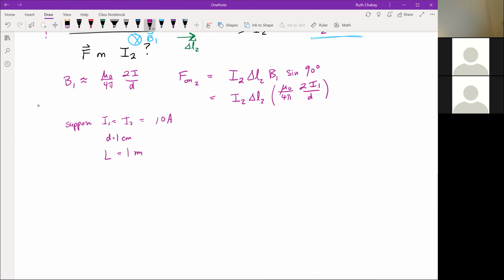So what we'd get would be 10 amps times 1 meter times 1 times 10 to the negative 7 Tesla meter per ampere times 2 times 10 amps divided by 0.01 meters.